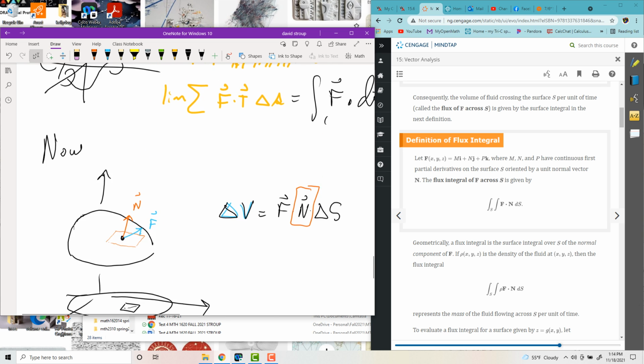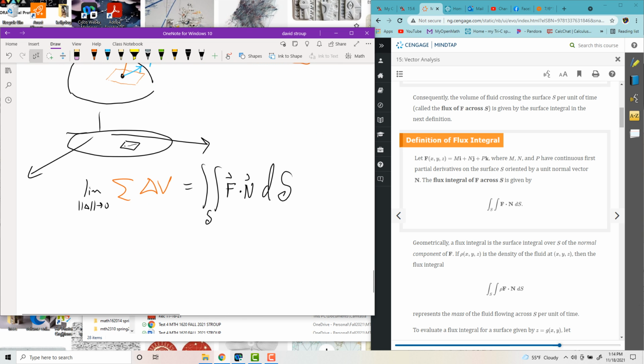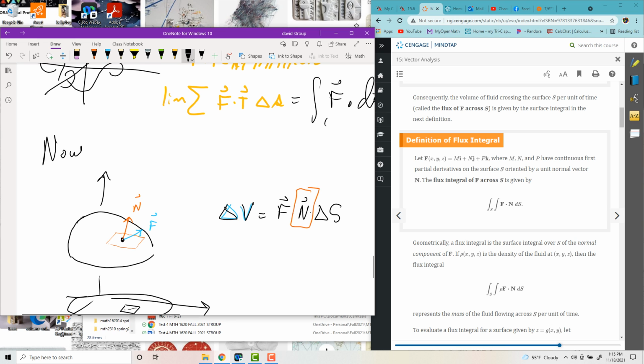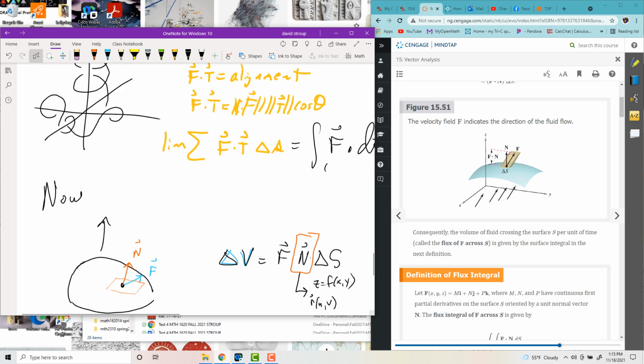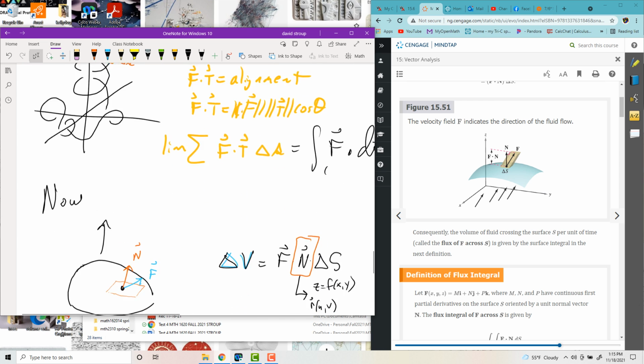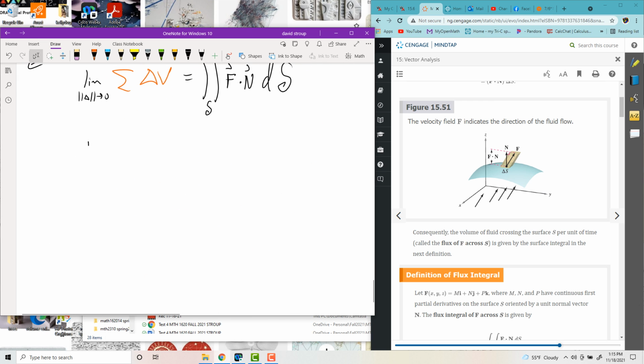Okay, so I need to develop a formula for this normal vector, and I need to do it in two ways, because now we have the surface z equals f of xy, but also the surface r of uv. So you need two different versions of normal vectors. So let's set it up. Part A, we're talking about orientation of the surface.